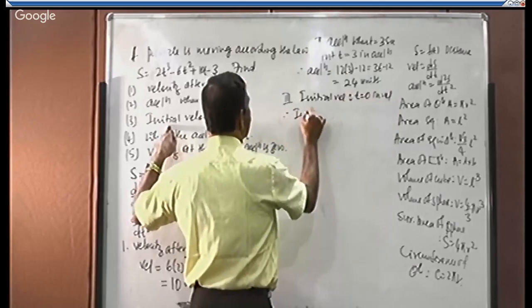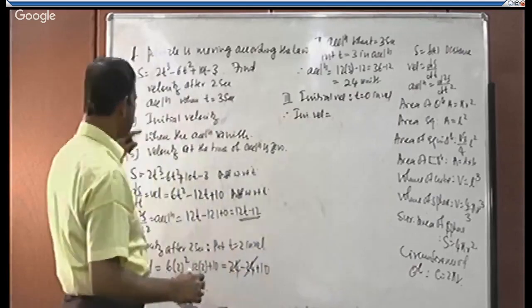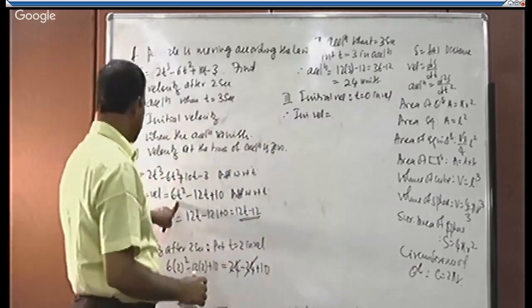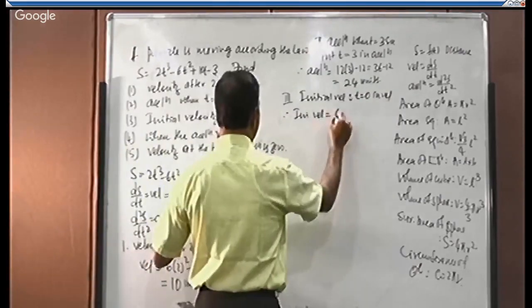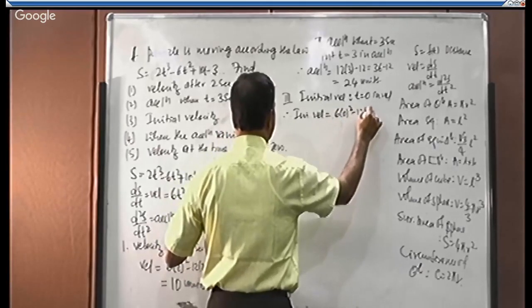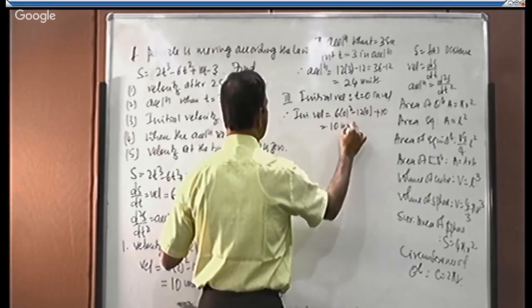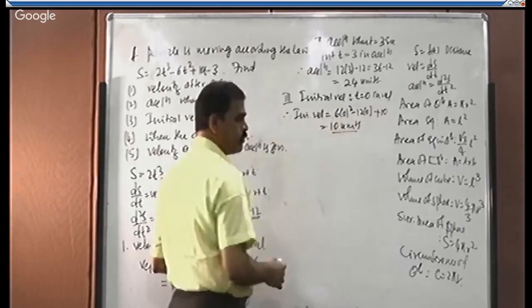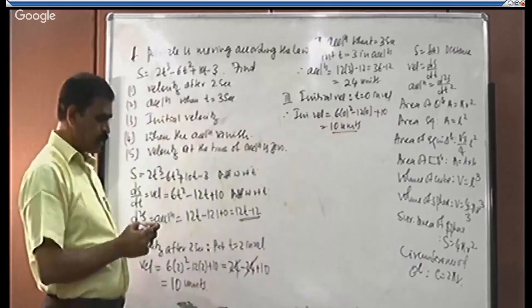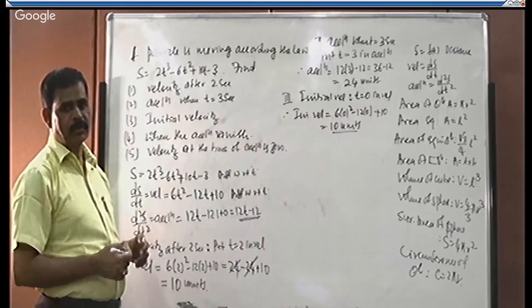That is 6 into 0 square minus 12 into 0 plus 10, which is equal to 10 units. For initial velocity, you first get ds by dt, then take t is equal to 0.